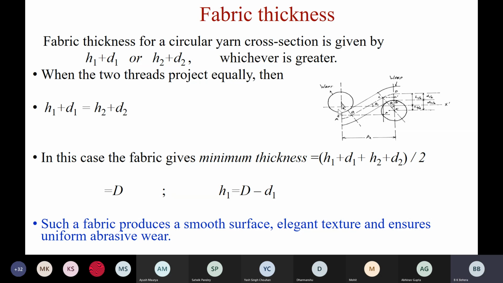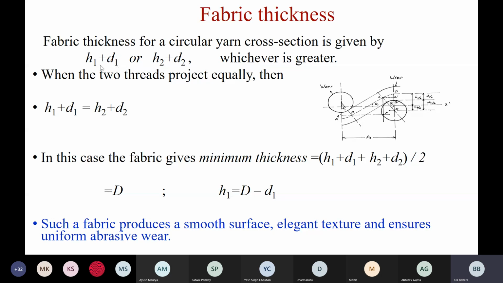And if you recall, last time I told you there is a possibility that it is not necessarily that the warp yarn here is exactly sitting over the weft yarn. There may be some gap between these two. But this gap is not a very long gap. It's just sitting over or maybe a small gap. So what could be the thickness?